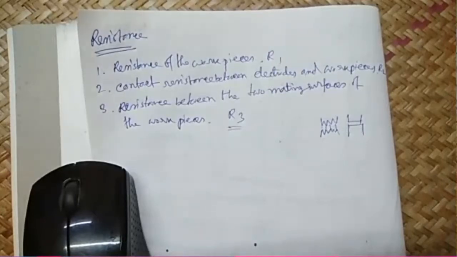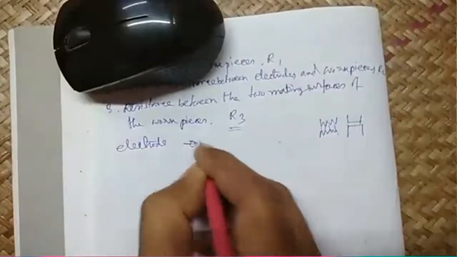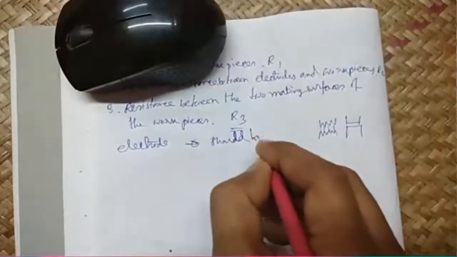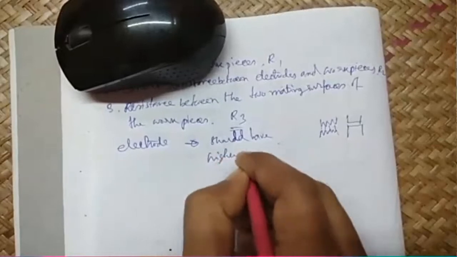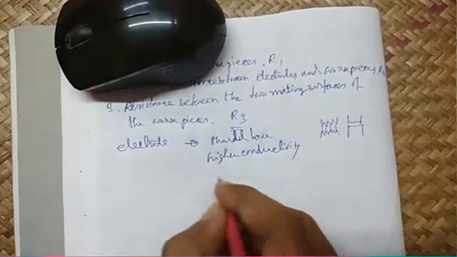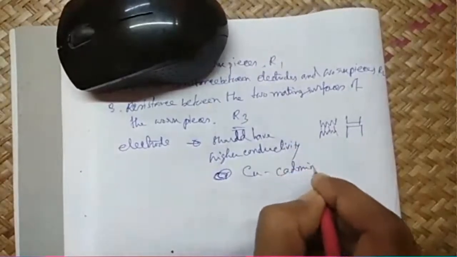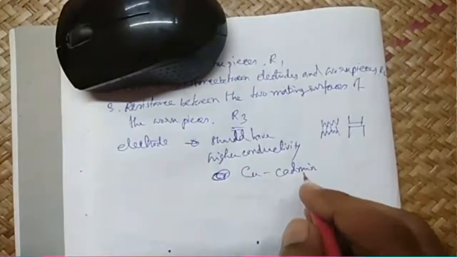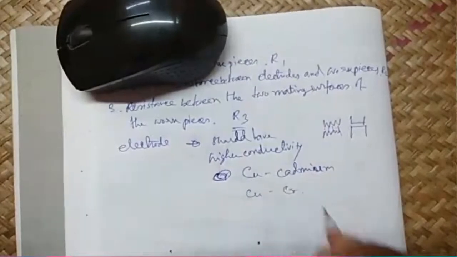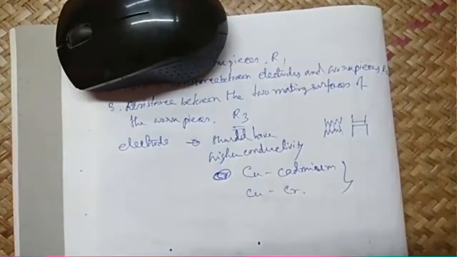The electrode should have higher conductivity, like copper cadmium, copper chromium. These are of course alloys.